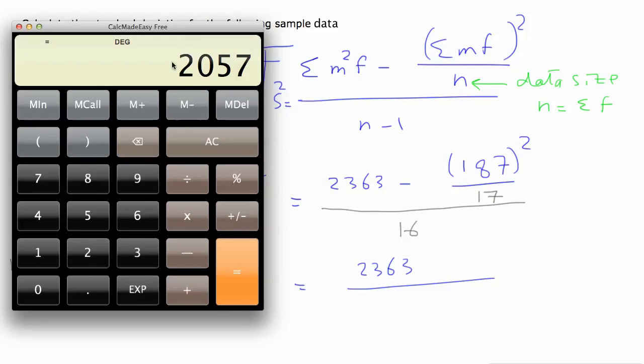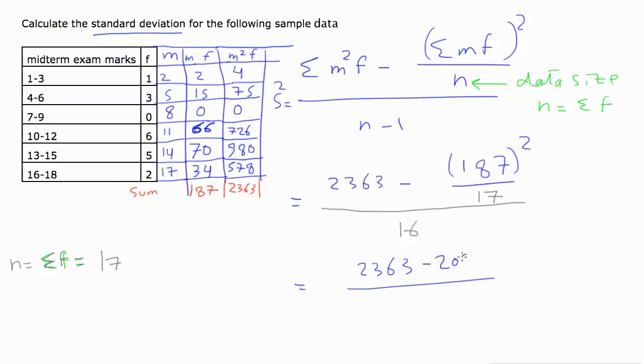As you can see, the result is smaller than this one, and it has to be smaller because the answer must be positive. If it is not smaller, it means you made a mistake. So it's 2363 minus 2057, and then I divide by 16.